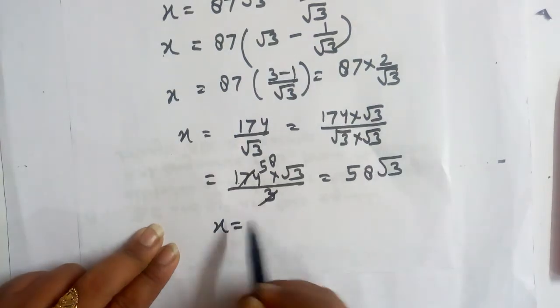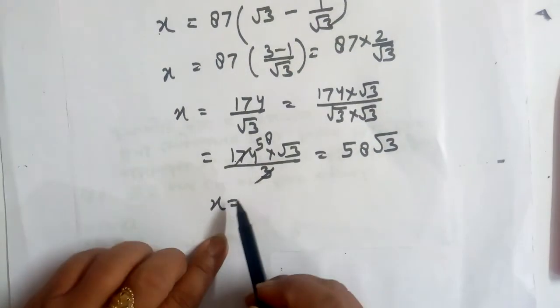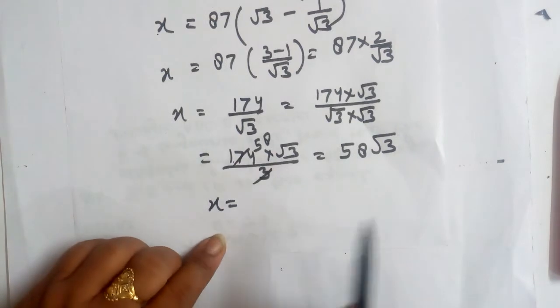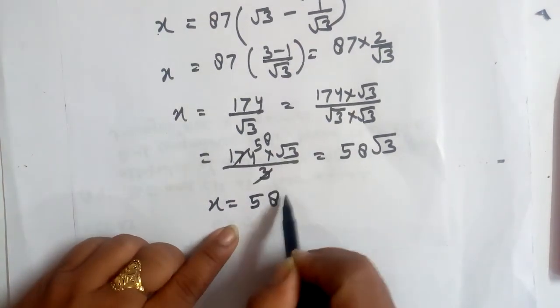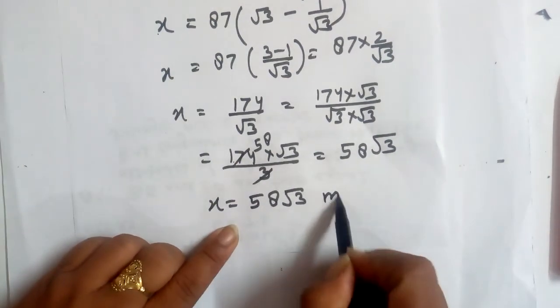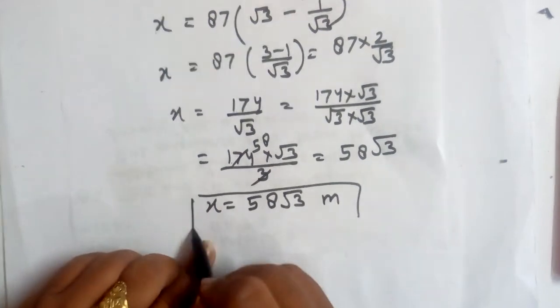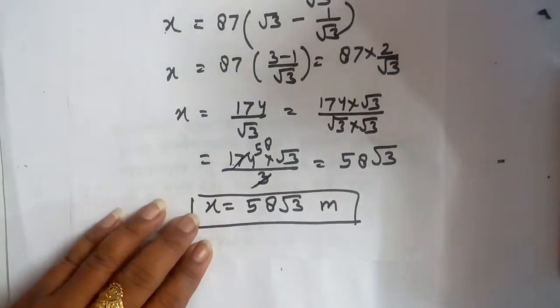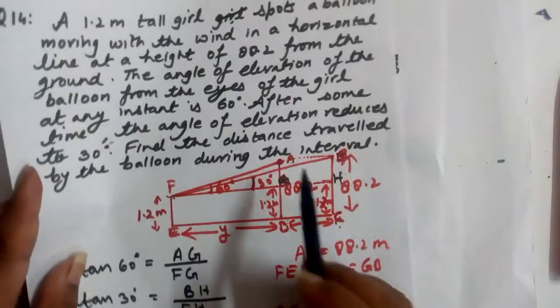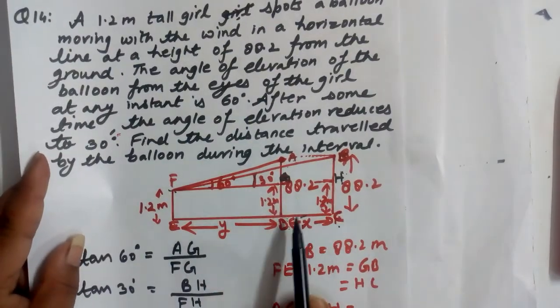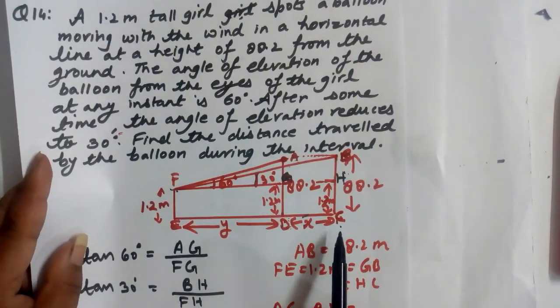So the value of X, that is the distance of the balloon from point A to point B, is 58 root 3 meters. So this is the answer, the distance from point A to B, the X we needed to find out.